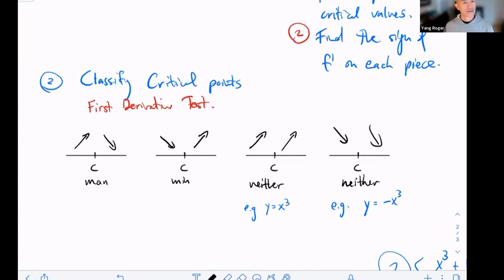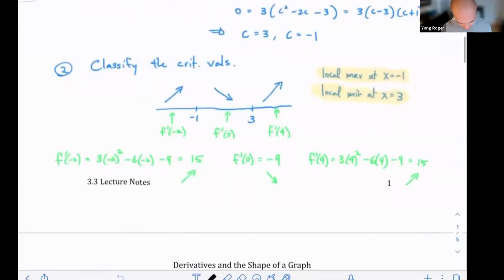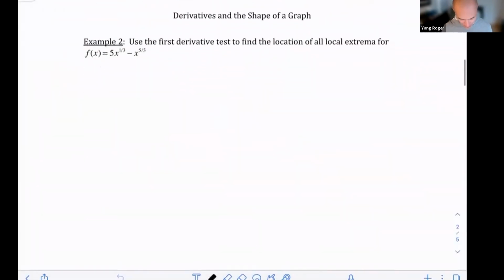Any questions or other questions? Okay, great. So let's take a look at example 2. For example 2, it says use the first derivative test to find the location of all local extrema for this function.